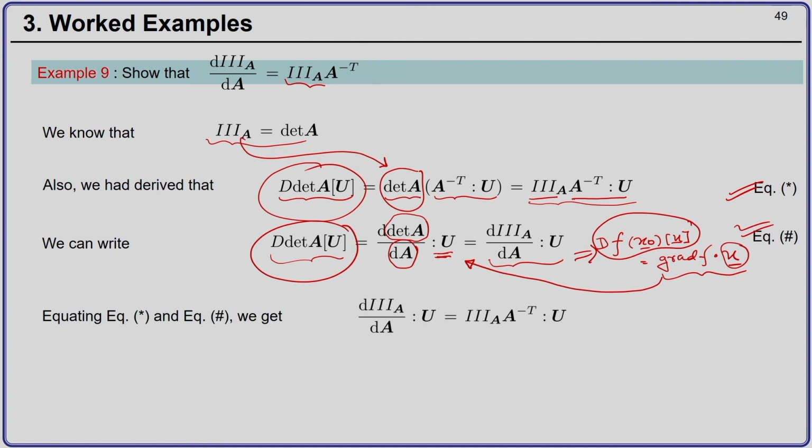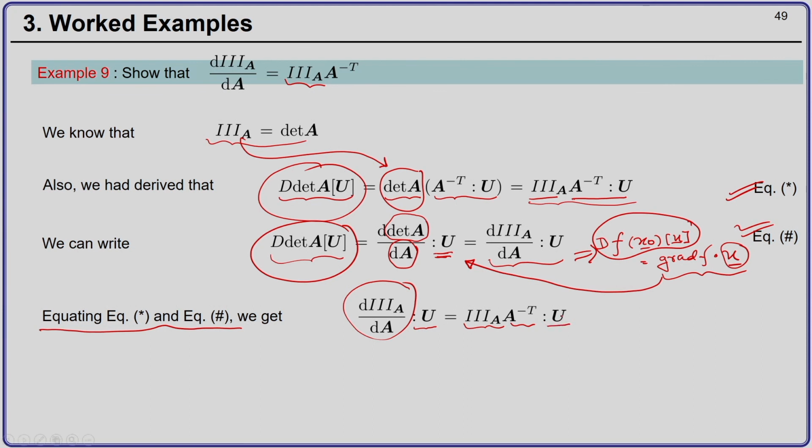So, if we compare our equations star and prime, you will get the derivative of the third invariant of a second order tensor with respect to the tensor double contracted with u is equal to the third invariant of the second order tensor A inverse transpose double contracted with u.